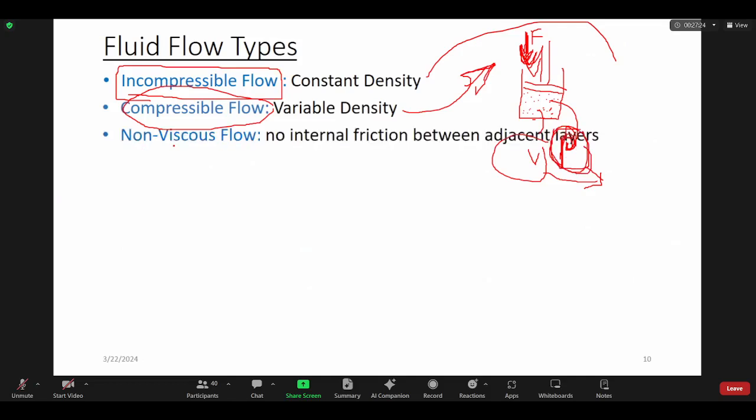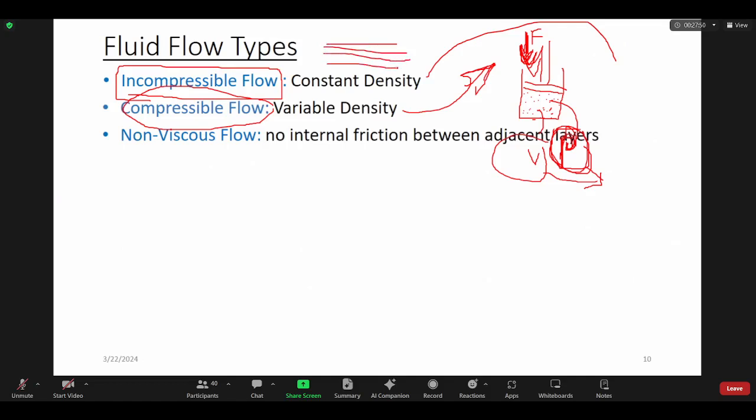Then non-viscous flow. Non-viscous flow is characterized by random, erratic, unpredictable motion of fluid, with no internal friction between adjacent layers. You have to know about the fluid: fluid consists of different layers.